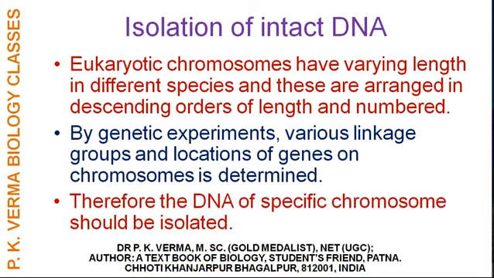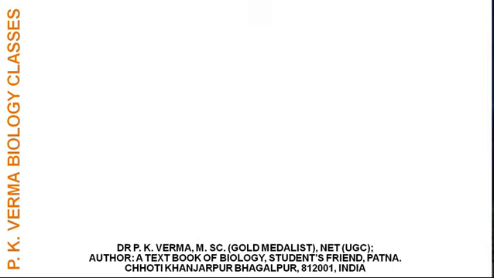Therefore, the DNA of a specific chromosome can be selected. If you say chromosome 3 contains a specific gene, you have to isolate only the third largest DNA from the given sample.